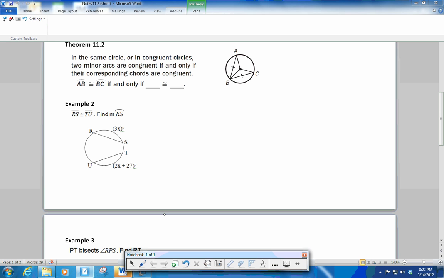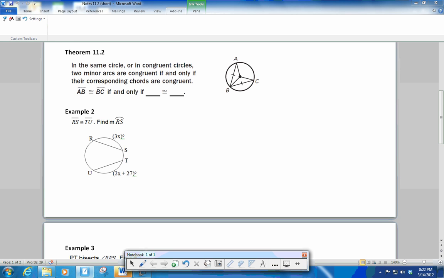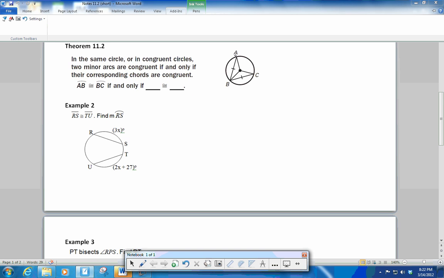So this is basically saying that if two chords are congruent, like AB and BC, those two chords are congruent, therefore their arcs are congruent. So arc AB is congruent to arc BC. And it's if and only if, so it goes the other way too.